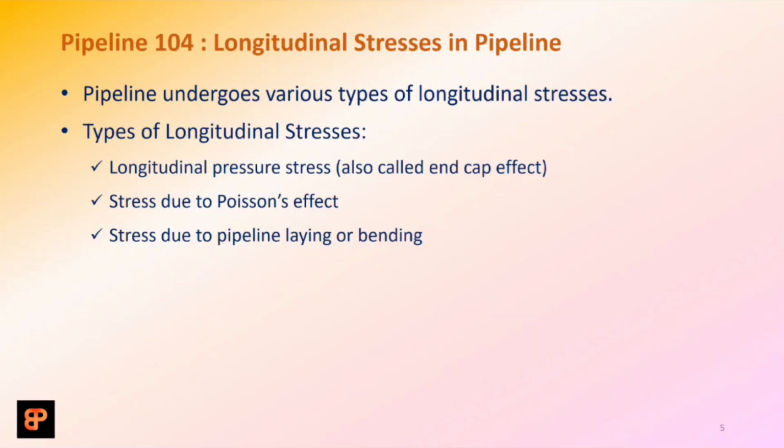Then it will follow the profile of the ground from one point to another as the pipeline travels. Because of this laying, the curvature of the land might differ. Sometimes it can be just flat terrain, but sometimes the terrain can have curves, like ups and downs and valleys and mountains.